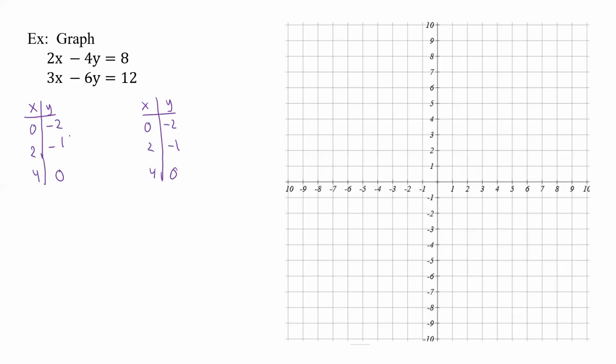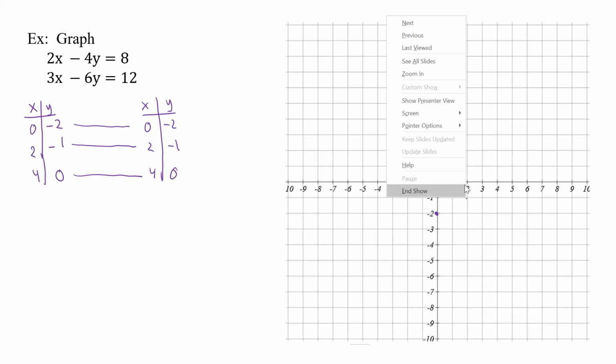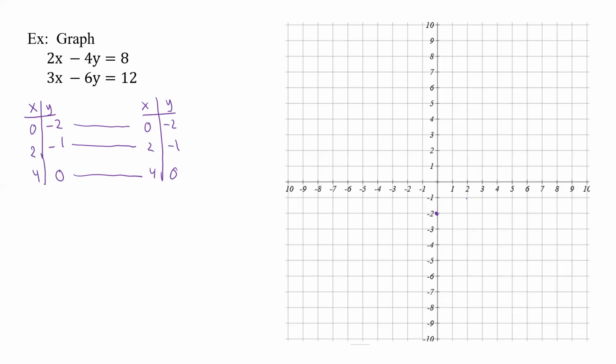And so what I'm noticing is these have all points in common. So that means we have a single line, and therefore we're going to have infinitely many solutions, but let's just draw it. So we'll have 0, negative 2. We'll have 2, negative 1, and we'll have 4, 0.